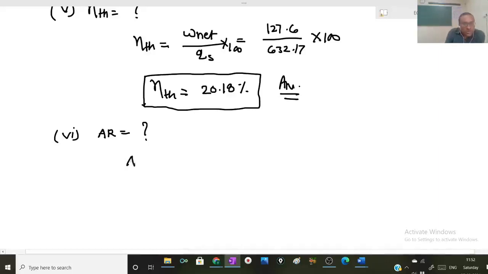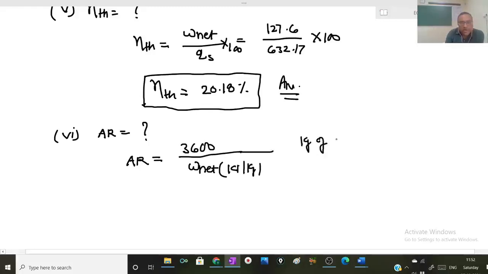So let me reproduce this formula for you. Air rate is 3600 divided by net work output, considered in kilojoule per kg, and the unit will be kg of air per kilowatt hour output.